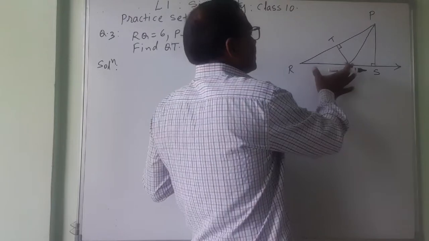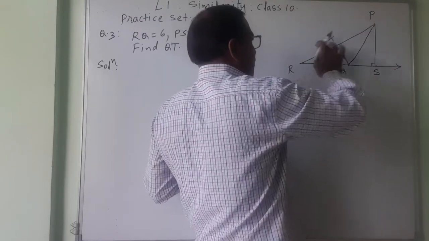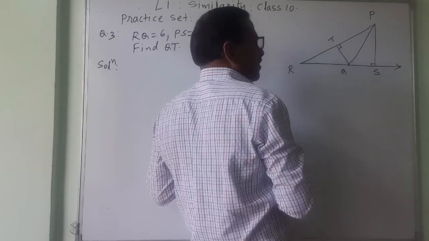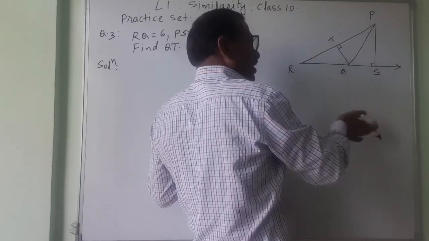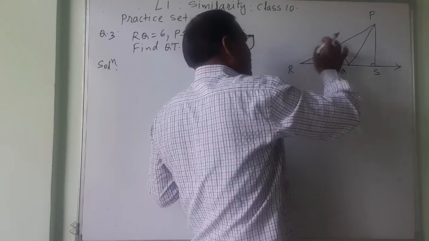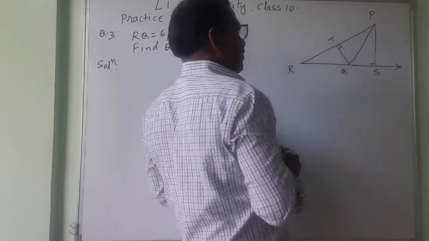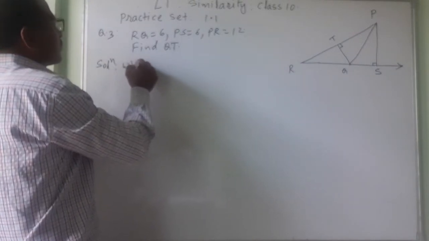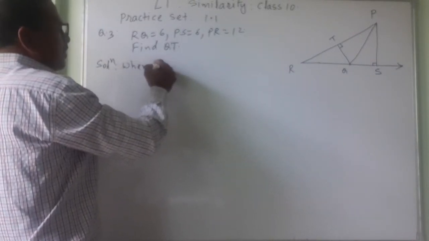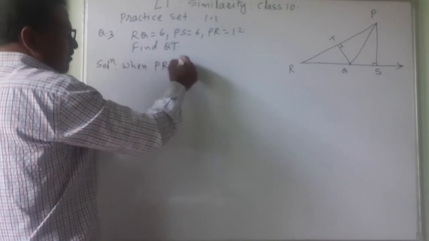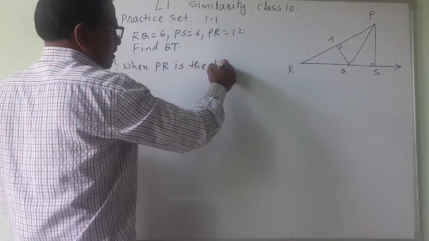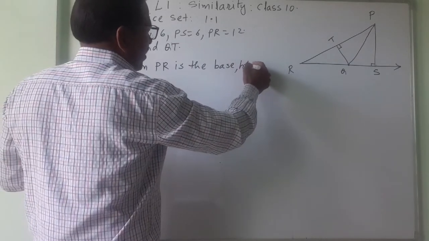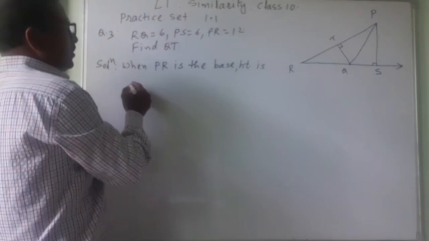Now if I take this triangle PRQ, I can find the area of the triangle. When the base is PR, then the area of triangle PRQ. When PR is the base, height is QT.